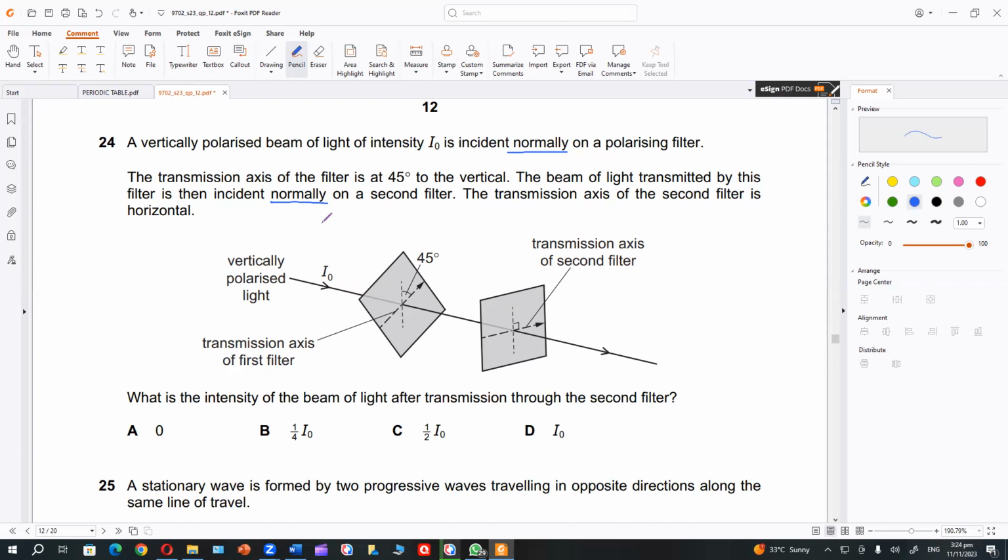What's the formula? I equals I naught cos square theta. I is equal to I naught cos theta. Right, incident is I naught. There's a square also, right? I naught cos square theta. Yes, sorry.